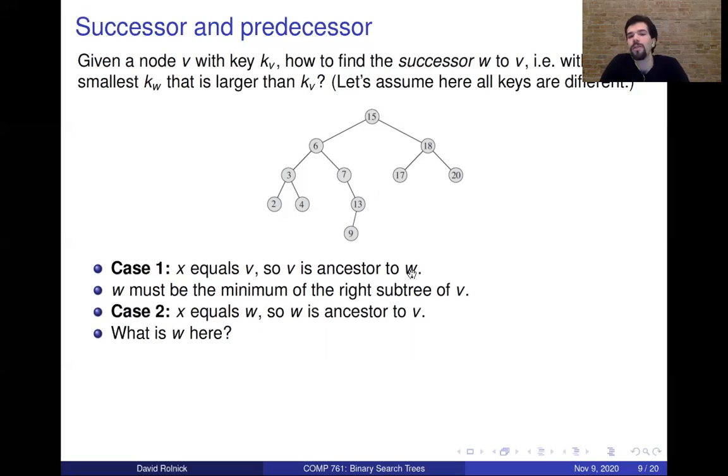So what is W? How do you find W here? Which one of the ancestors is W?